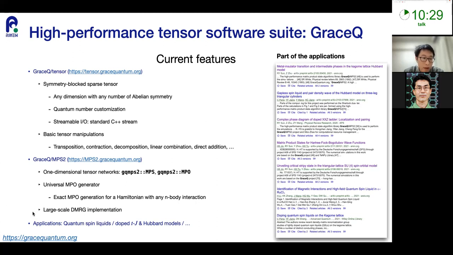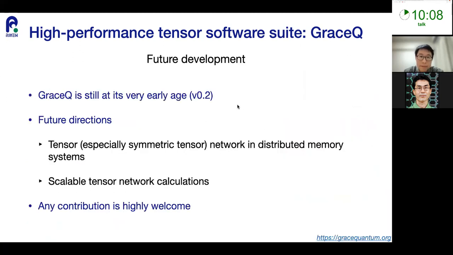And of course, it also provides a large-scale DMRG. And GraceQ already has some applications in the study of quantum spin liquid, doped t-J and Hubbard models. Here, I list a part of the applications.